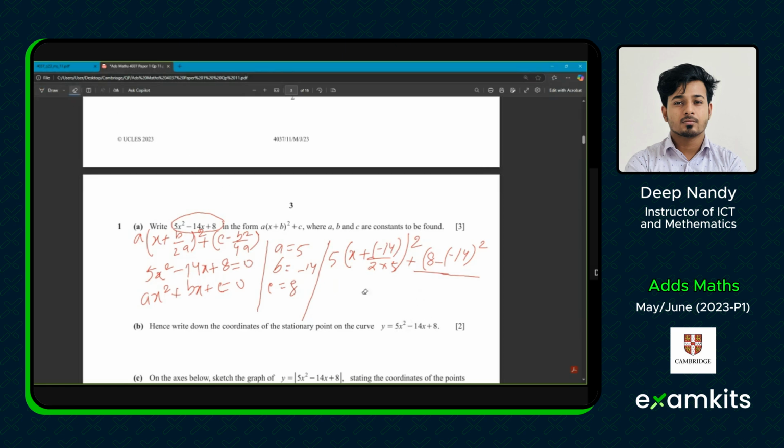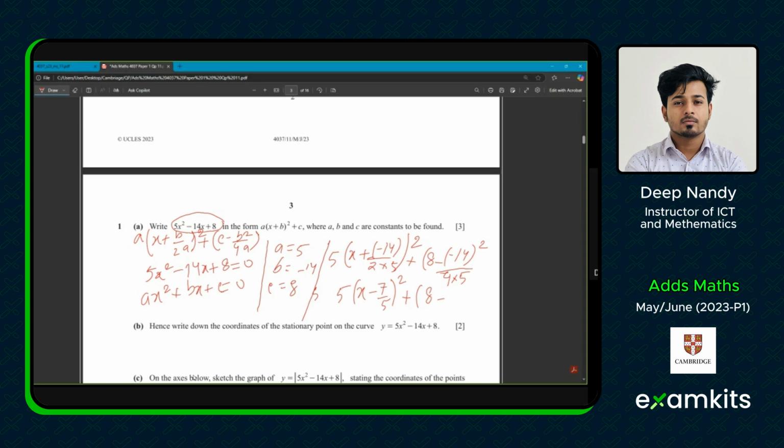divided by 4 times 5. So if you solve that, we're getting 5 times x plus minus 14 by 10, that means minus 7 by 5 whole square plus 8 minus 14 whole square divided by 4 into 5.